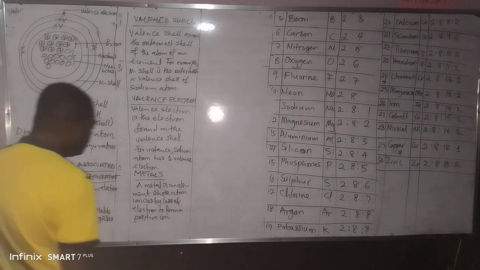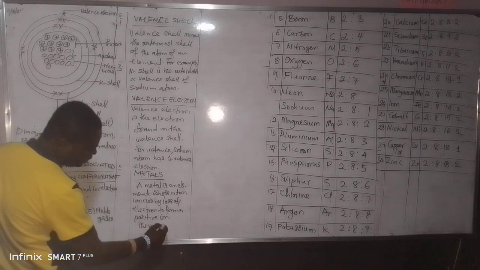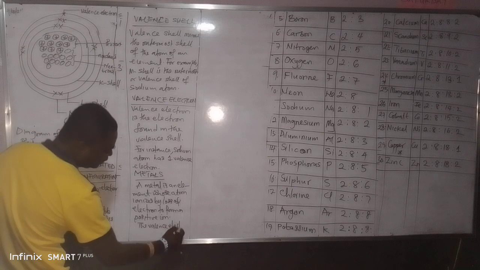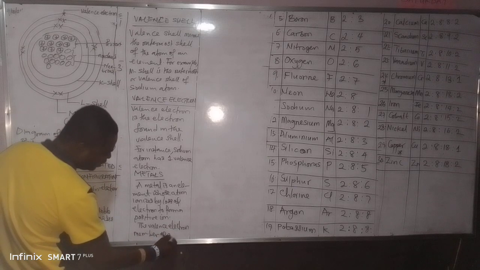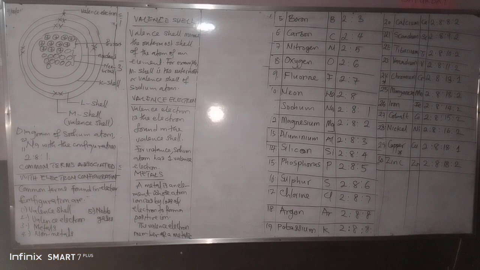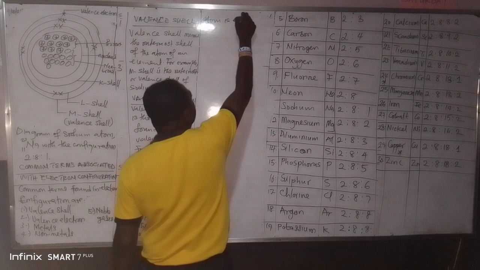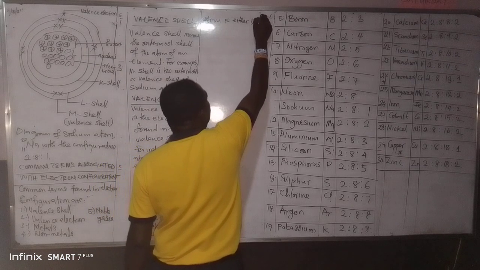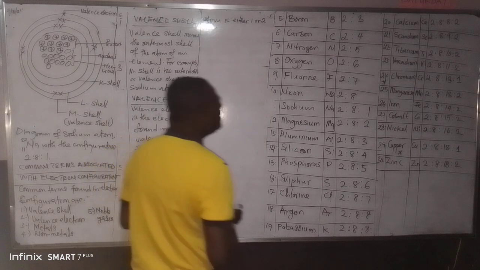One thing to know is that the valence electron number of a metallic atom is either 1 or 2 or 3.